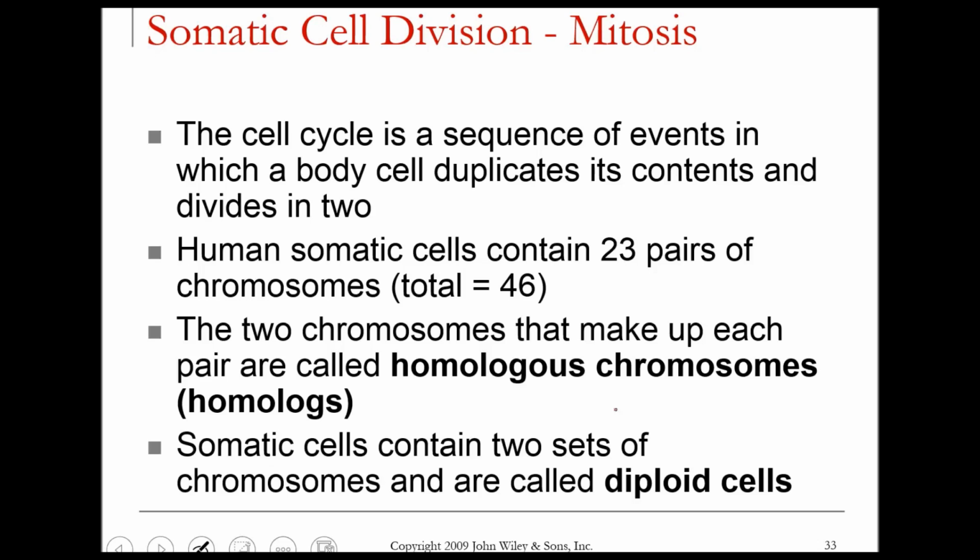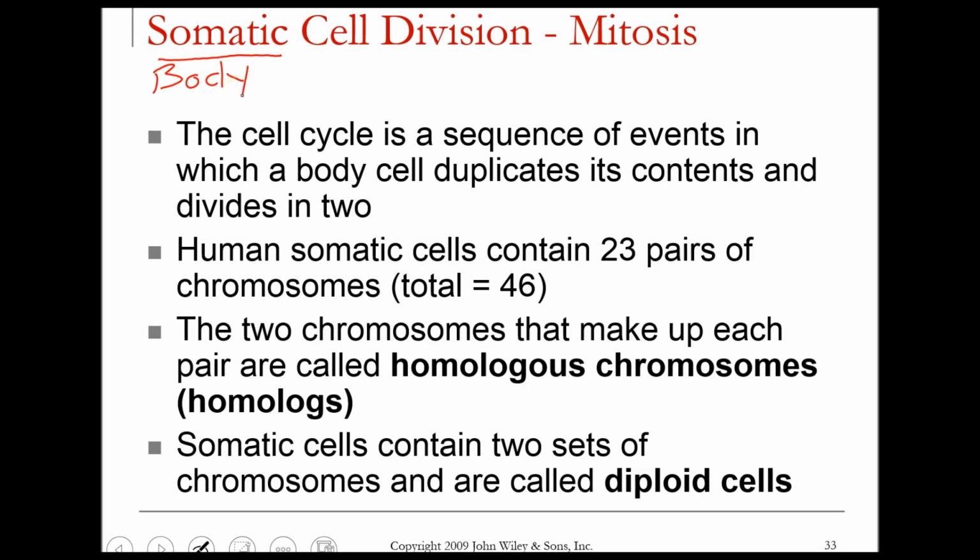So let's go ahead and talk a little bit about somatic cell division. First off, let's hit this term somatic. We're going to use this term a lot in the future. The term somatic literally means body.